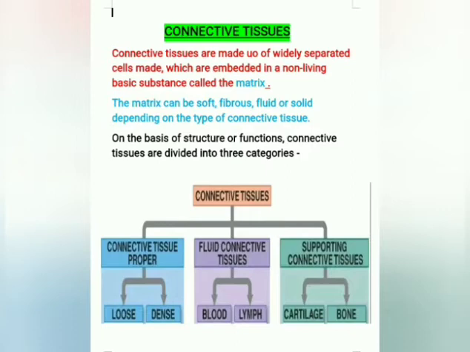Connective tissue proper are further divided into loose connective tissue and dense connective tissue, whereas fluid connective tissue are subdivided into blood and lymph. Supporting or skeletal connective tissues are of two types, that is cartilage and bone.